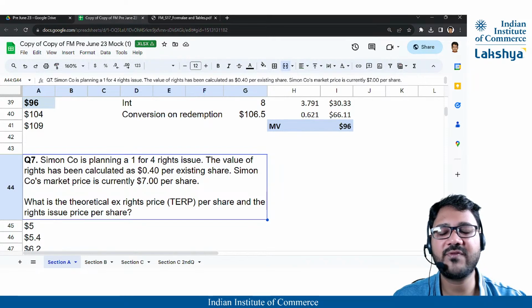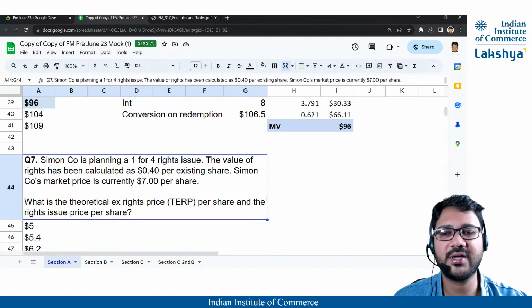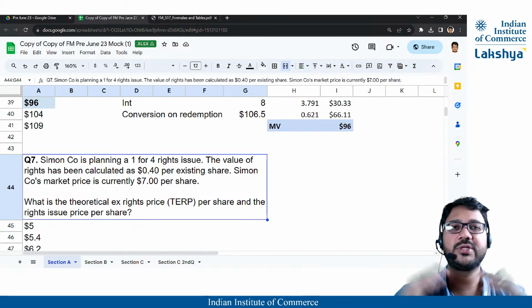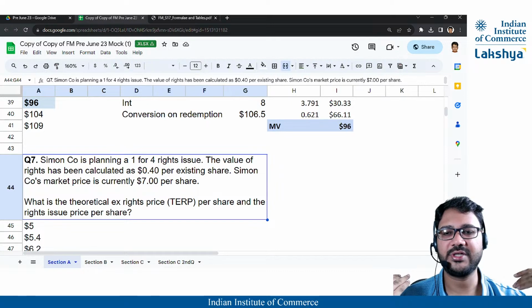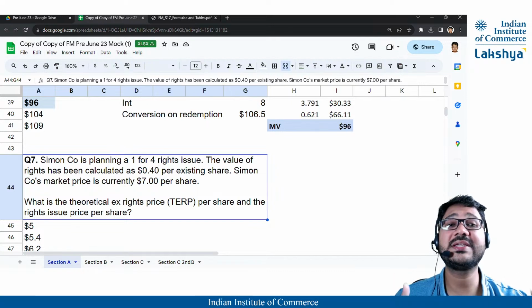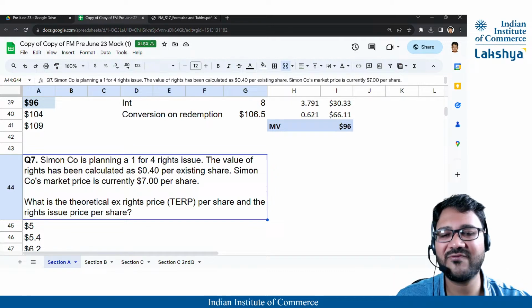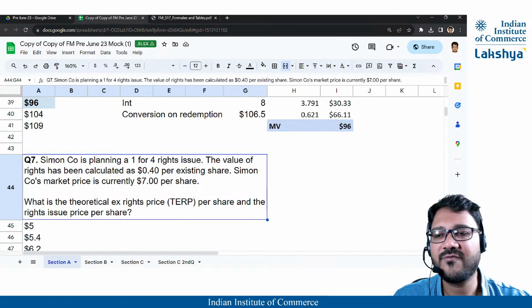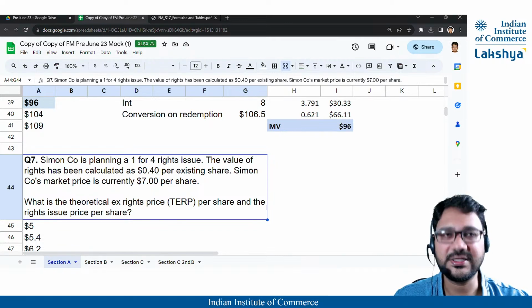Now, normally we find TERP as the market value of the current shares in issue plus the market value of the rights shares recently issued, divided by the total number of shares. Usually we are given the issue price. This is one different question wherein finding the issue price is asked.